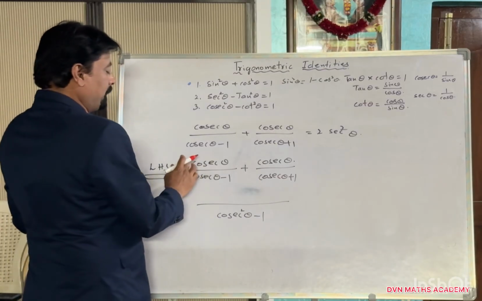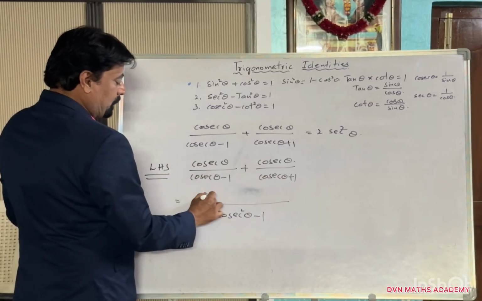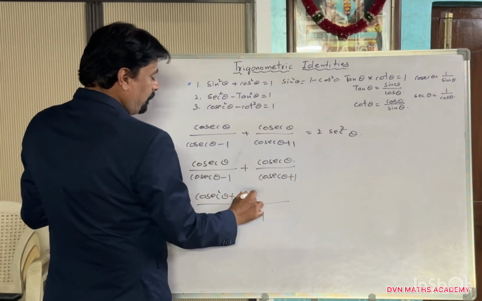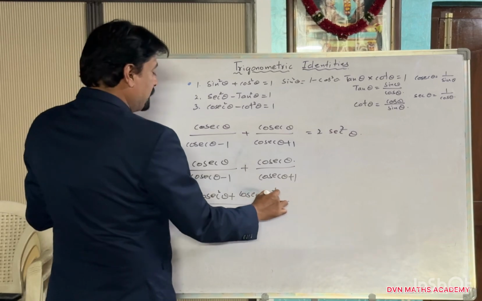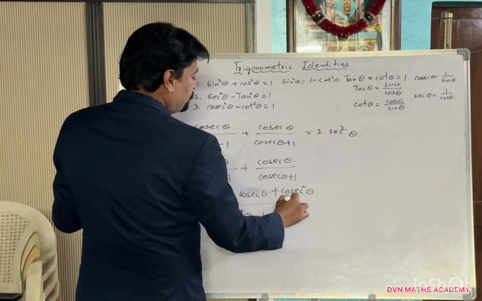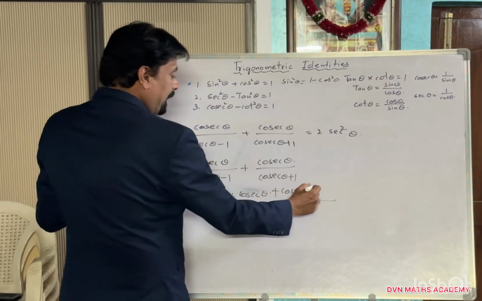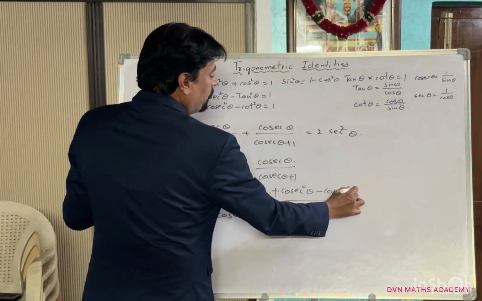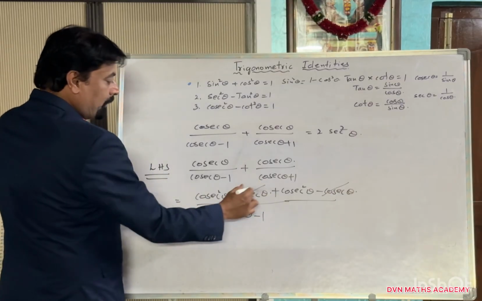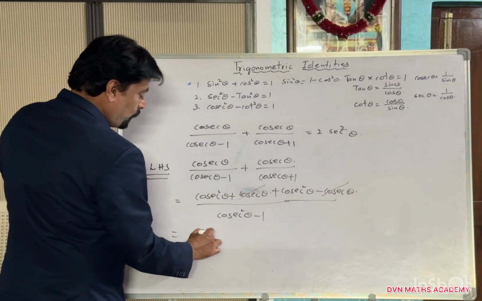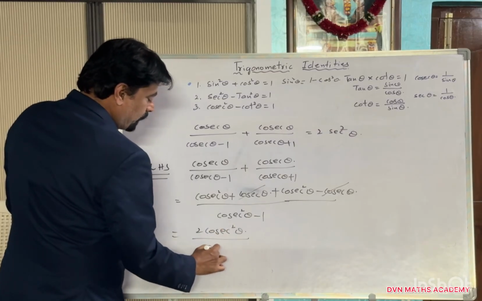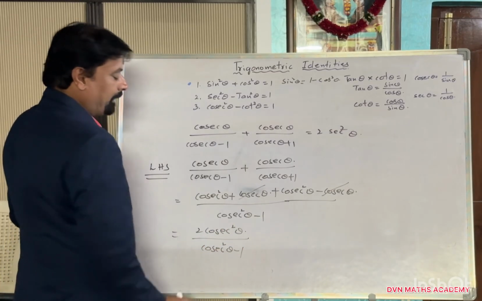Next, this one into this one, cosec theta into cosec theta, this is cosec square theta, plus this into this, cosec theta, plus cosec theta into cosec theta, cosec square theta, minus cosec theta. Plus cosec theta minus cosec theta get cancelled. Cosec square theta plus cosec square theta, 2 cosec square theta by cosec square theta minus 1.